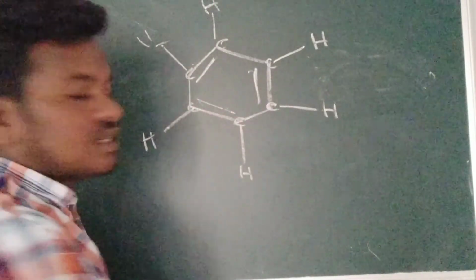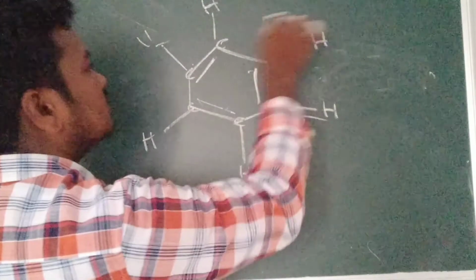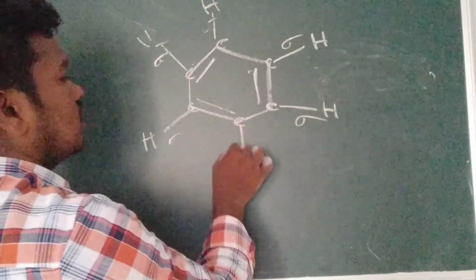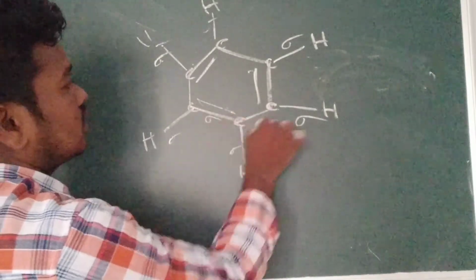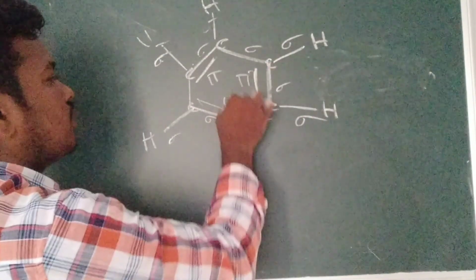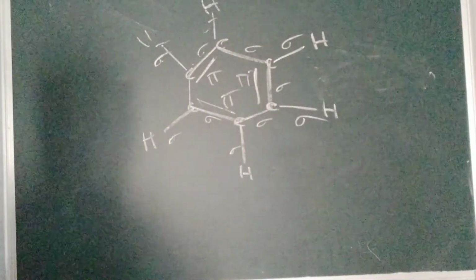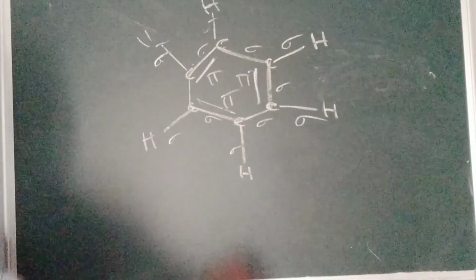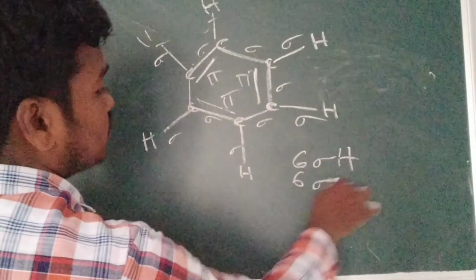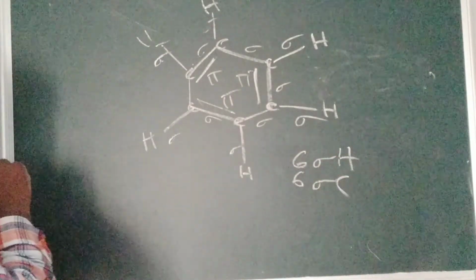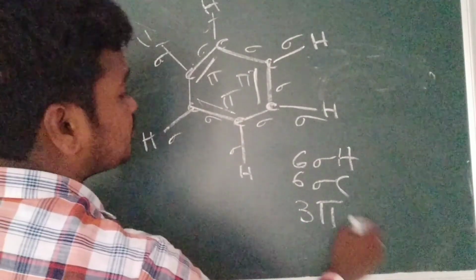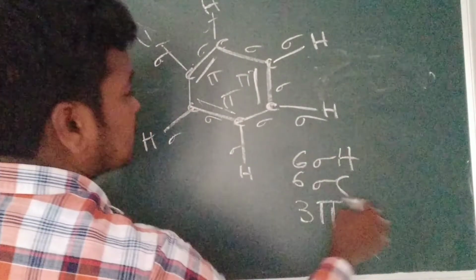Now we can calculate the sigma bonds. Sigma, sigma, sigma, 6 hydrogen sigmas. Here also sigma, sigma, sigma, sigma, sigma. It is 5 bonds. So finally, how many sigmas, how many pi bonds? 6 sigmas with hydrogen, 6 sigmas with carbon, and 3 pi bonds are present.